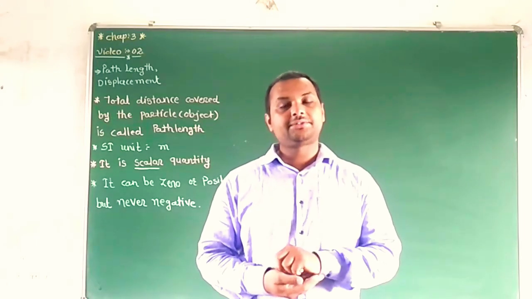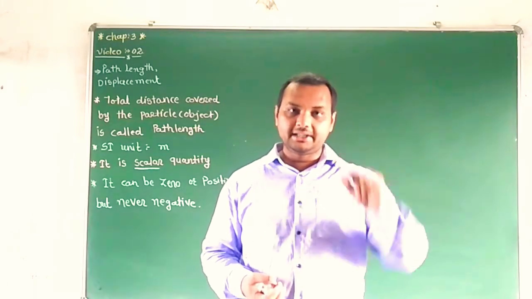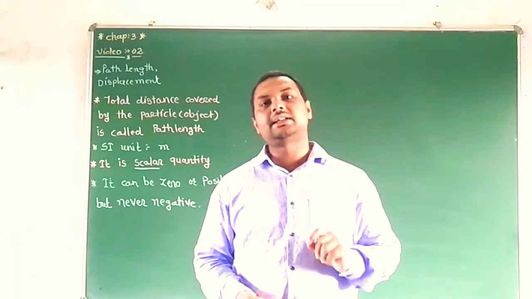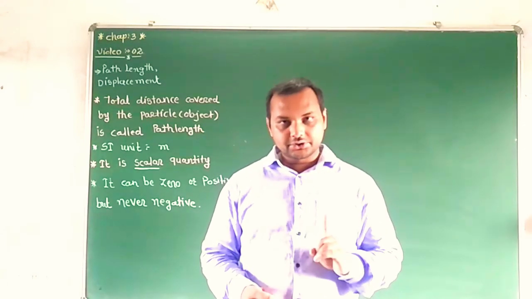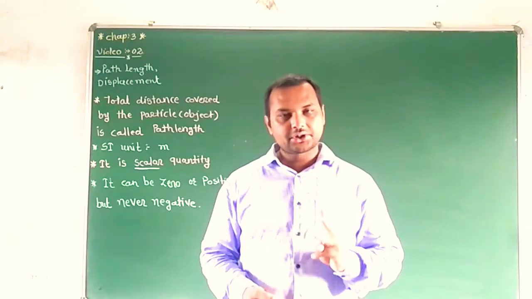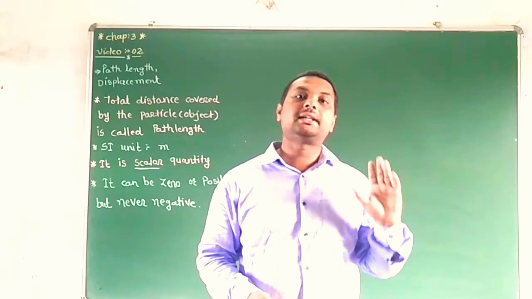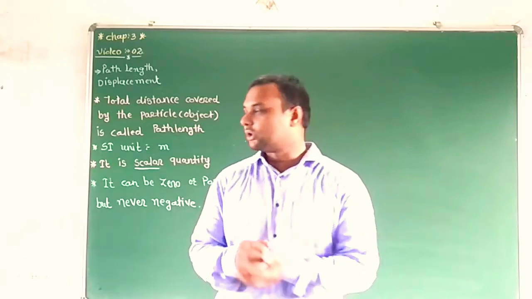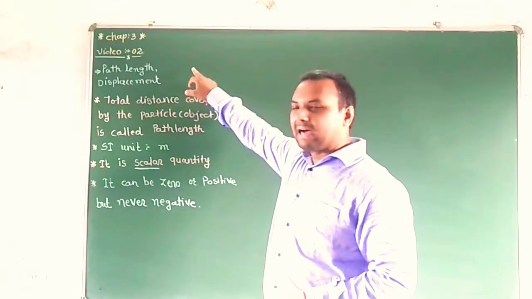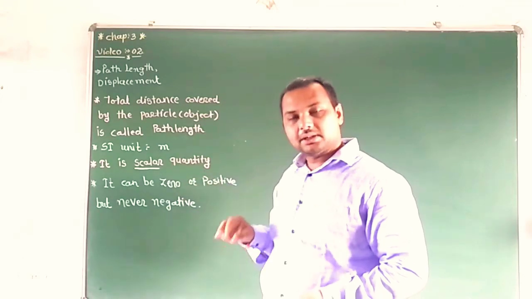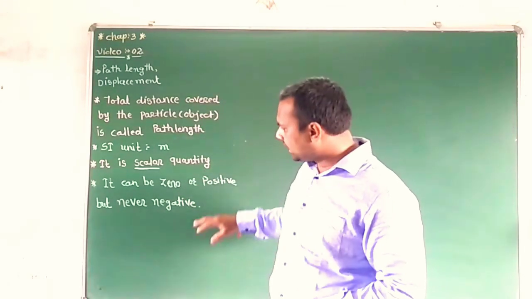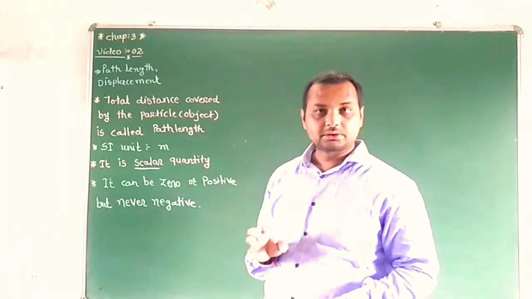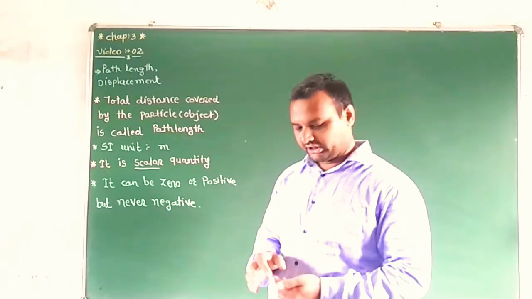So when the physical quantity requires the magnitude as well as direction, that physical quantity is called the vector physical quantity. Likewise velocity, momentum, acceleration, force, these all physical quantities are vectors where you require the magnitude as well as direction. So this path length is a scalar physical quantity. You need not direction. It can be positive, it can be zero, but never negative. Okay, idea आ गया होगा? I hope. चलिए आगे बढ़ते हैं.